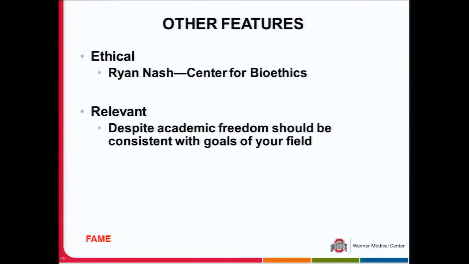Other features, obviously you want it to be ethical, and we have a great research source here in Ryan Nash, who leads the Center for Bioethics. So if you have questions about whether your research is actually going to be ethical, he's a great person, or people in his center, to discuss this. And again, relevant.